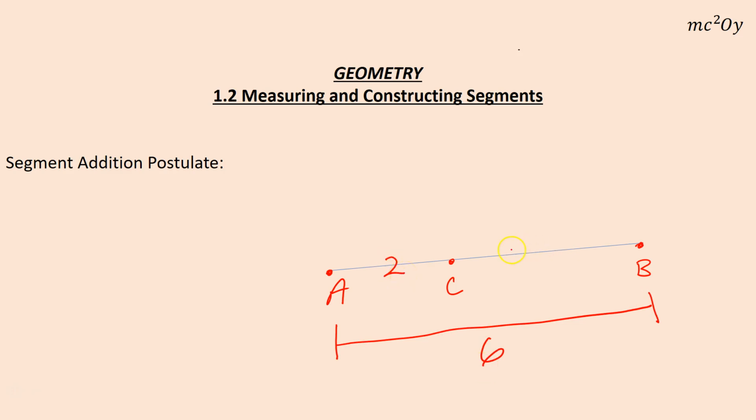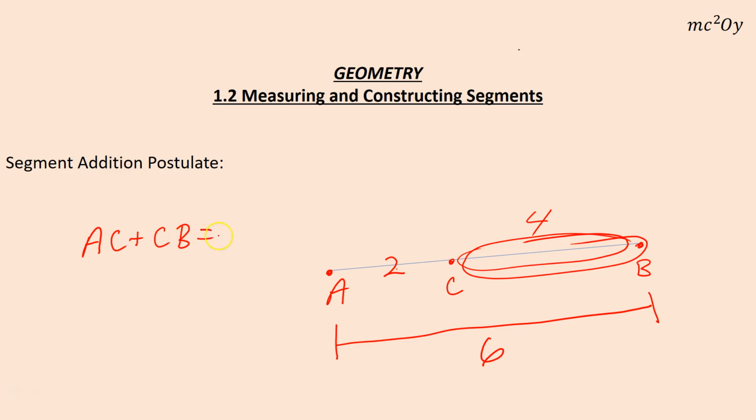That would mean C to B would have to have a length of 4, because 2 plus 4 is 6. That's really the segment addition postulate. It just says AC plus CB is equal to AB. This thing added to this thing equals this whole thing.